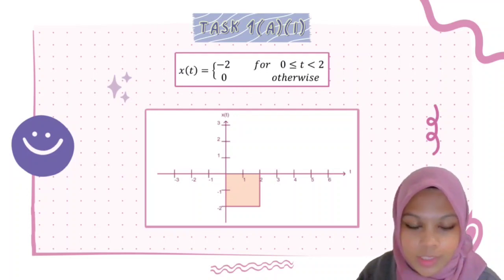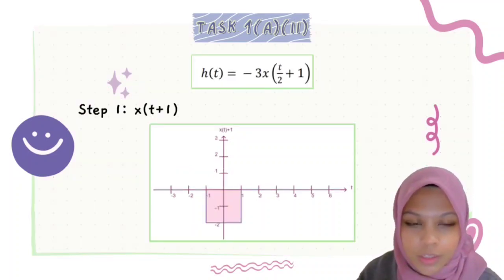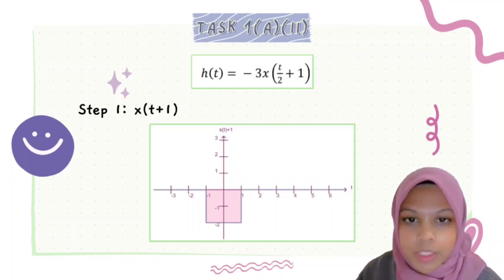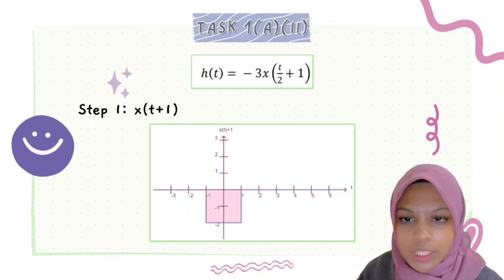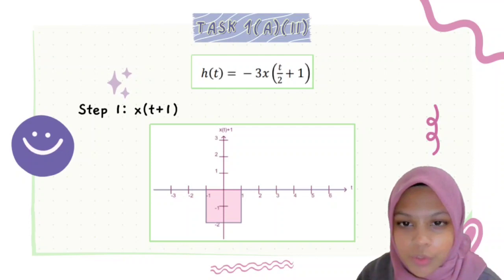So next is task 1A2, where the mathematical function for h(t) I have divided into 3 steps. The first step is x(t) plus 1. So it shows that the signal goes to -2 from -1 to 1, while 0 otherwise.